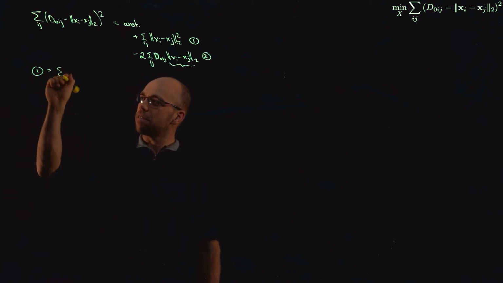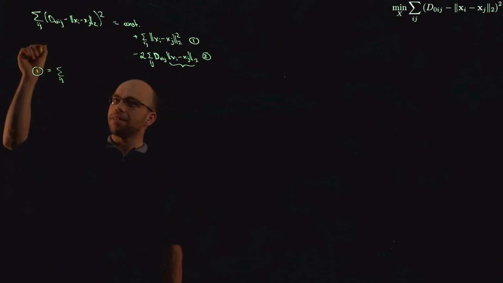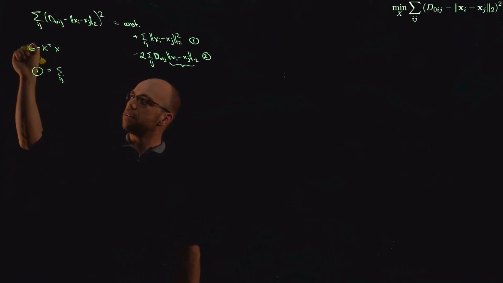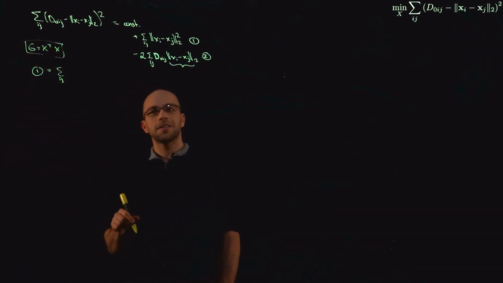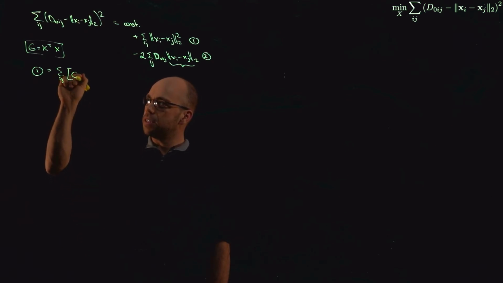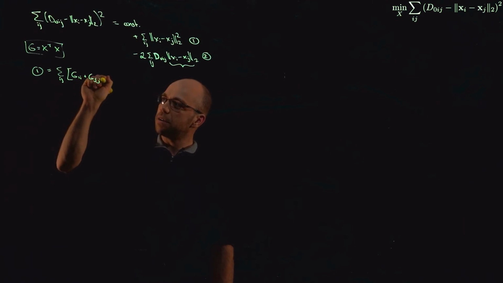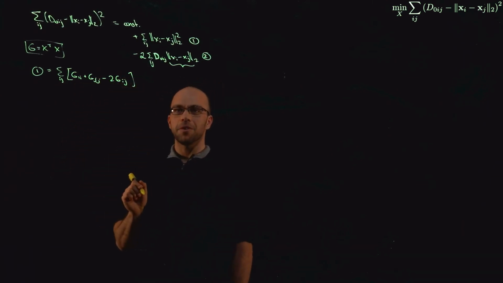So this is the sum over ij. And by the way, remember that we have this Gram matrix G which we can work with, which is just the dot products between the x's. Just like our proof of the MDS algorithm, what do we have? We have Gii plus Gjj minus 2Gij, exactly the same as before.